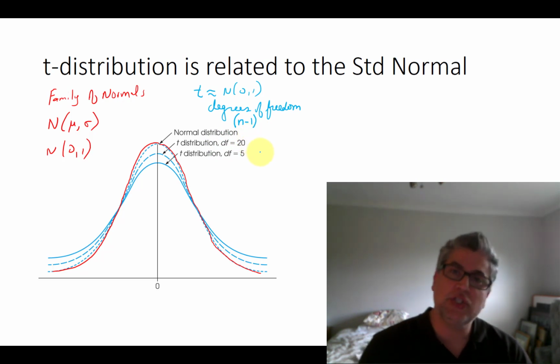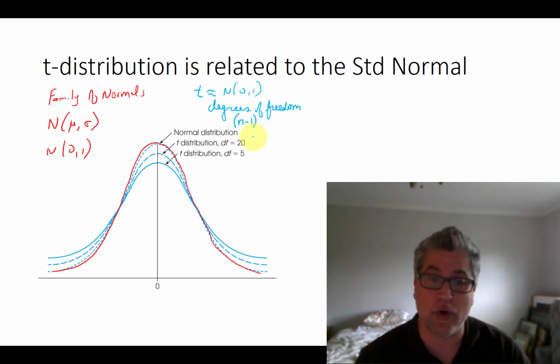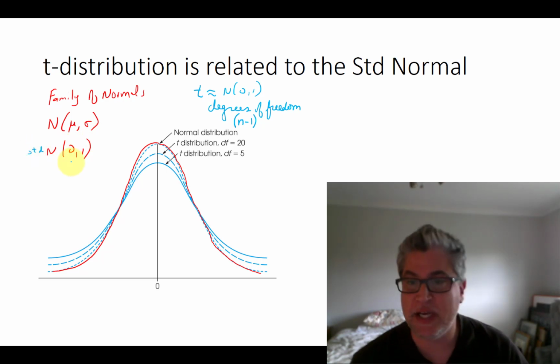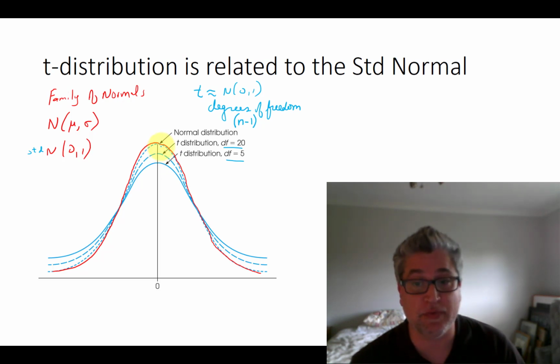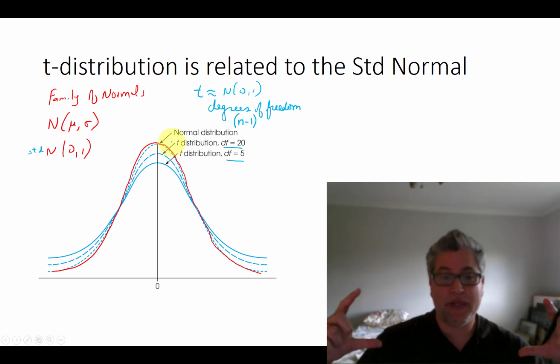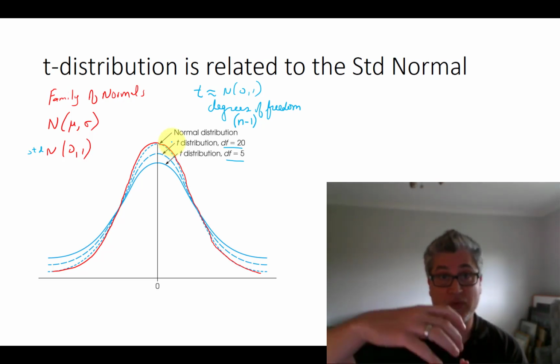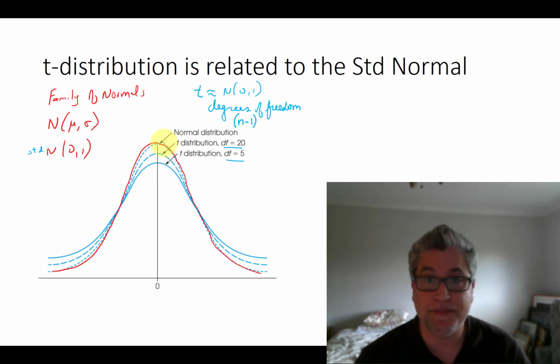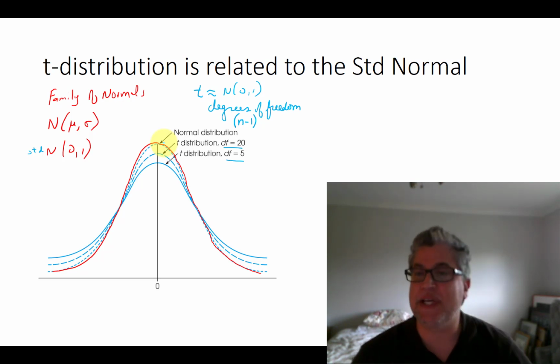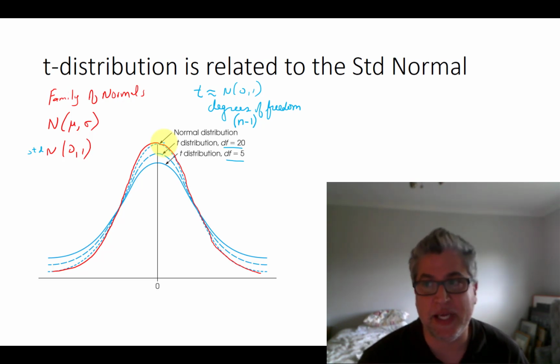And the relationship between the T and the standard normal is that as the degrees of freedom increase, so we go from 5 to 10, to 20 and so forth, this curve starts going up and up, and eventually it asymptotes until it is really indistinguishable from the normal. So the tail probabilities shrink, the central probabilities rise, until these blue lines look just like the red line that's the normal distribution. So in the limit, as the sample size increases, there's no distinguishing between the T and the normal.